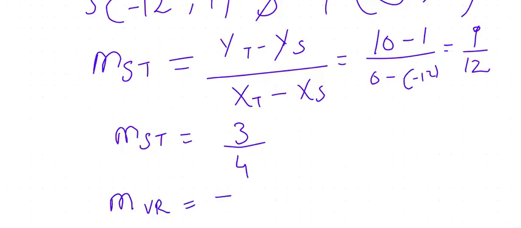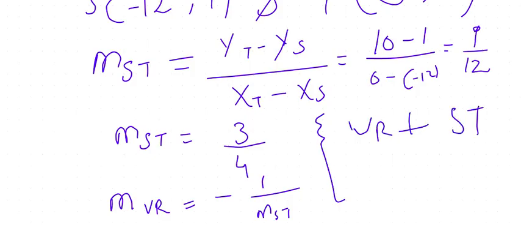So I'm saying that VR is perpendicular to ST, and from this we can say that the gradient of VR equals the negative reciprocal of the gradient of ST. So what do we get from this?